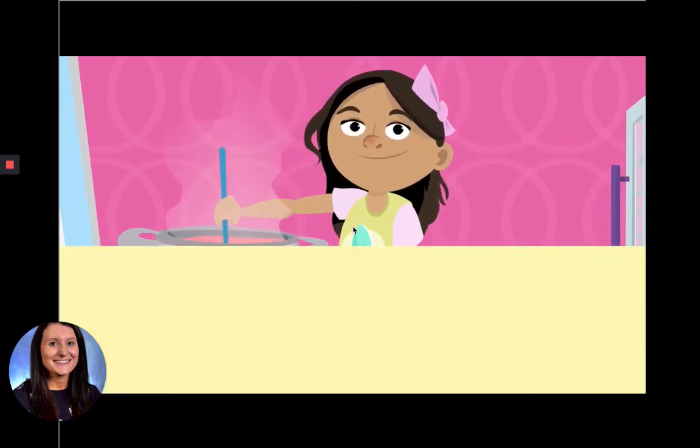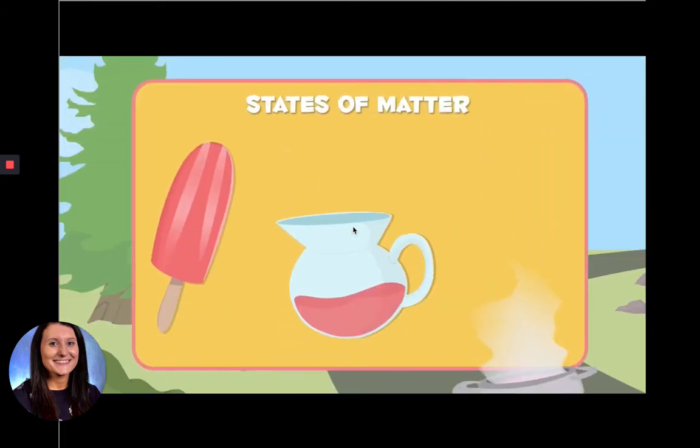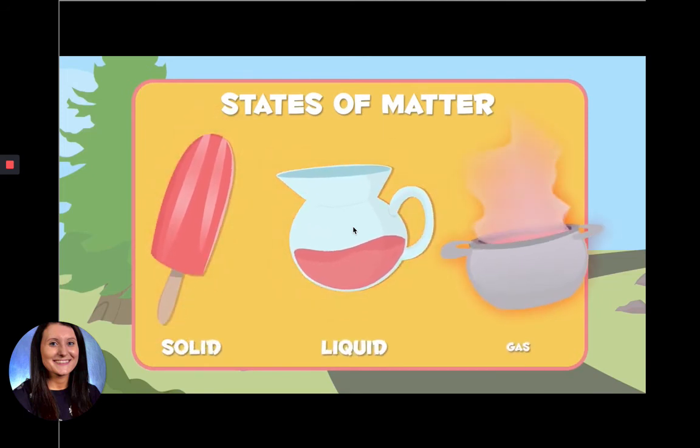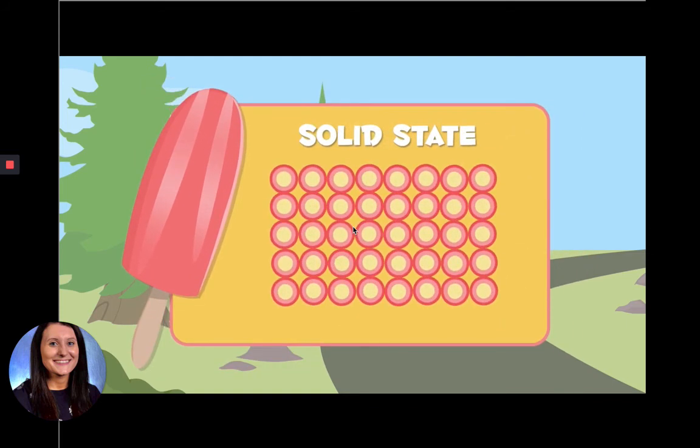Let's recap a little. Matter exists in 3 states: solid, liquid, and gas. Solid matter has a definite shape and volume. Particles are well organized and held closely together.